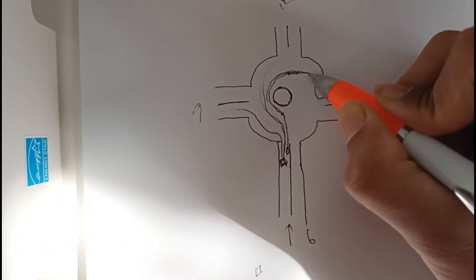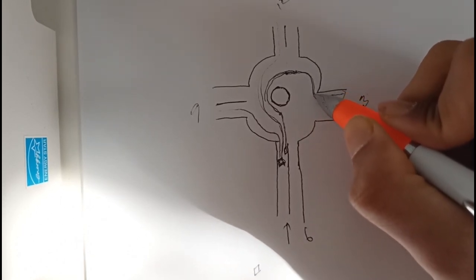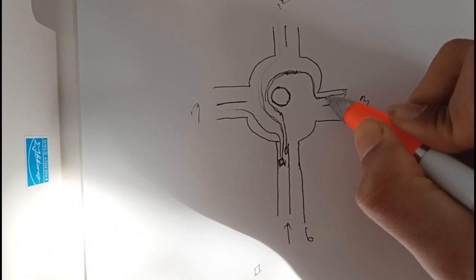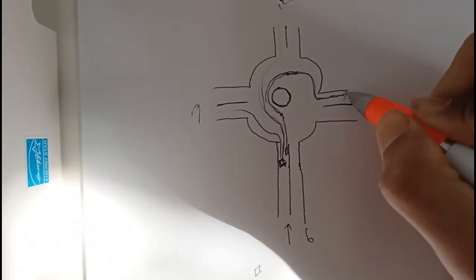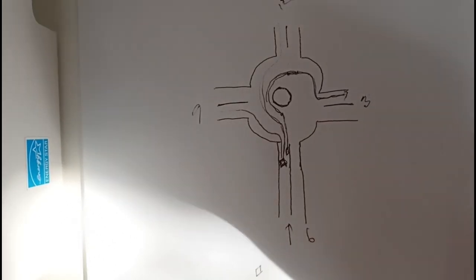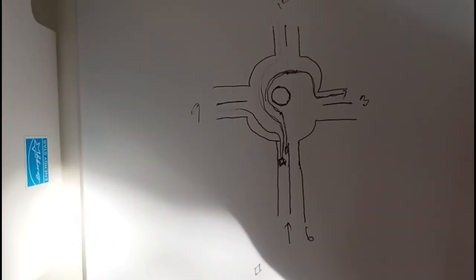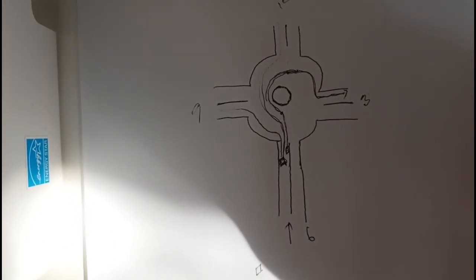Then just go ahead, and gently pass the third exit. That's the basic rules of a basic roundabout on UK roads.